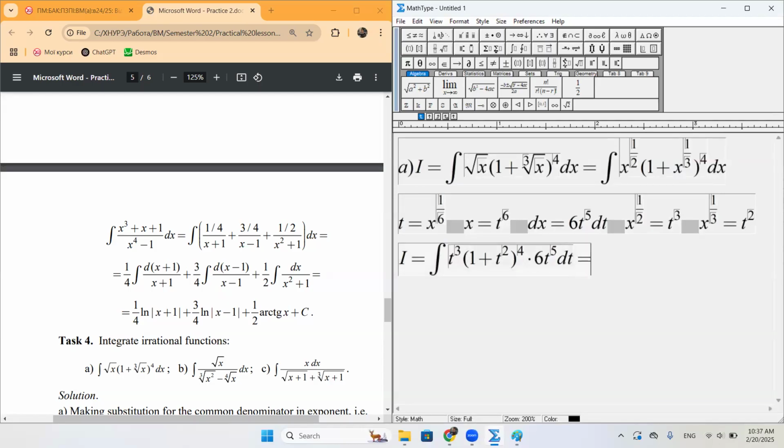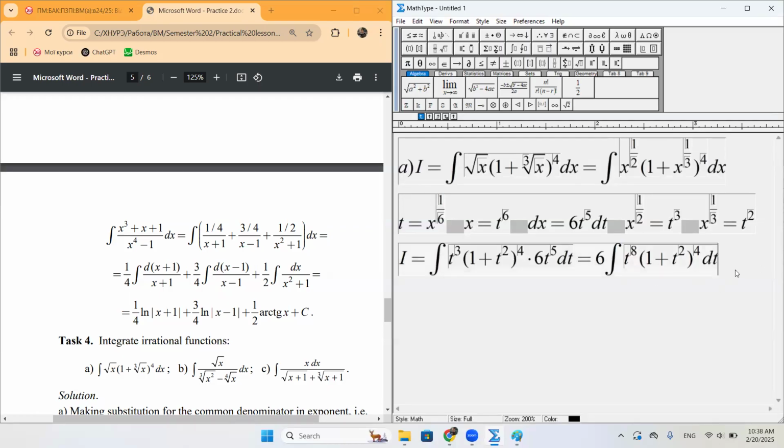And let's rewrite it. So we have integral of a polynomial function: t in power of 8 and 1 plus t square in power of 4 dt.